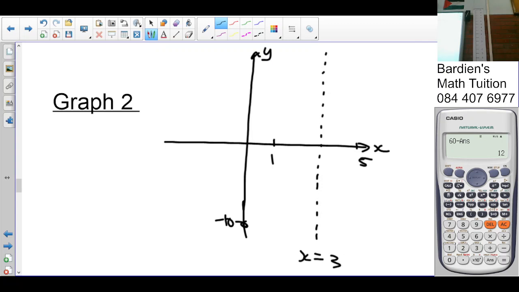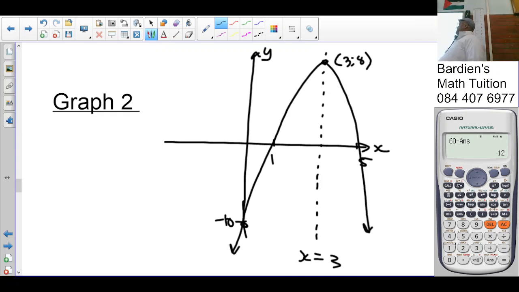You see that will happen midway between the two x-intercepts. And it turns at 3 and 8. So from the turning point I draw. Okay, you all agree with that? Who's confused? You all got that.